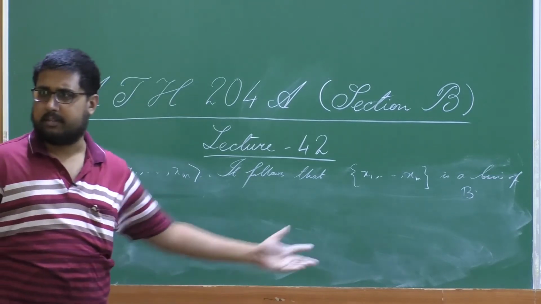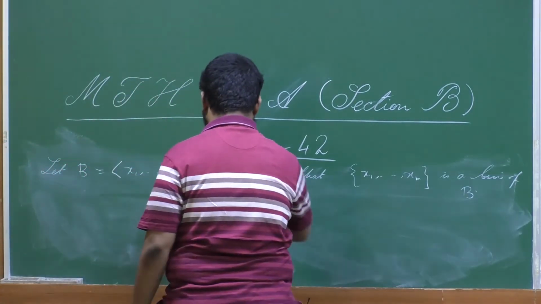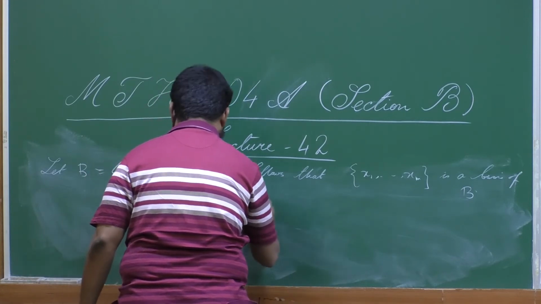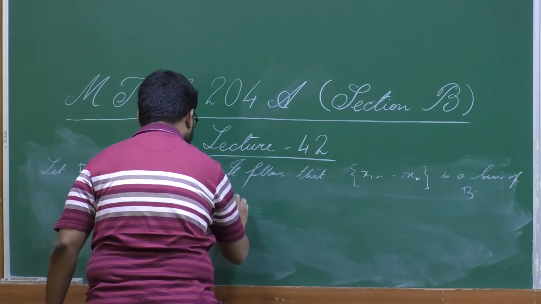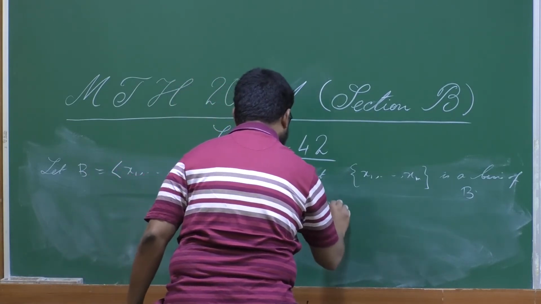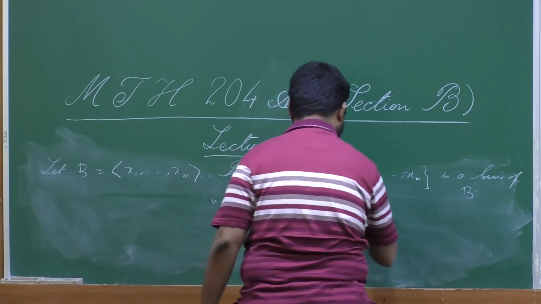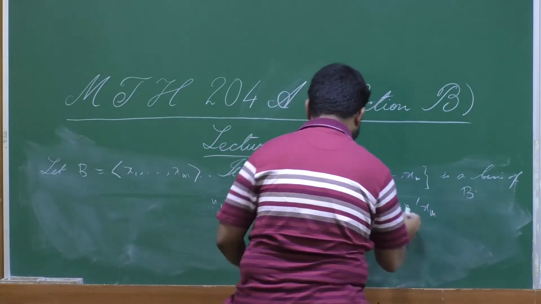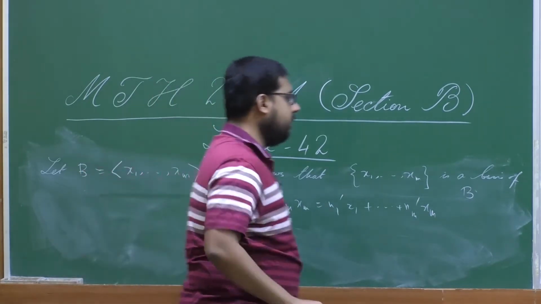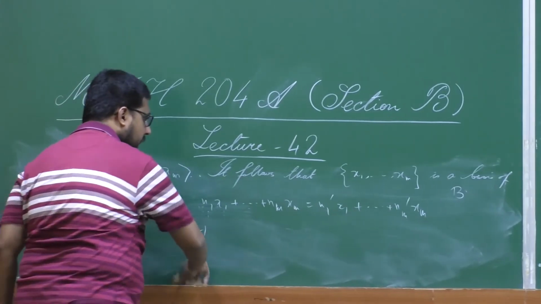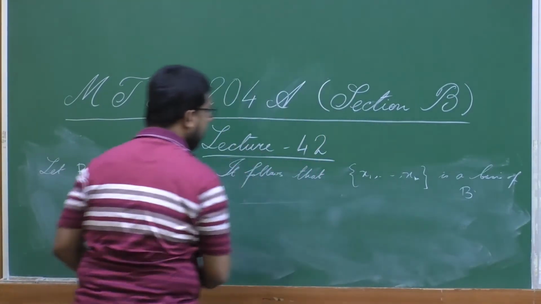That part is there by definition. To show uniqueness, it is a usual argument: if n1x1 + ... + nmxm can be written in a different way, then you bring everything to one side and use this property, which forces each ni to equal ni dash. So this part is clear.